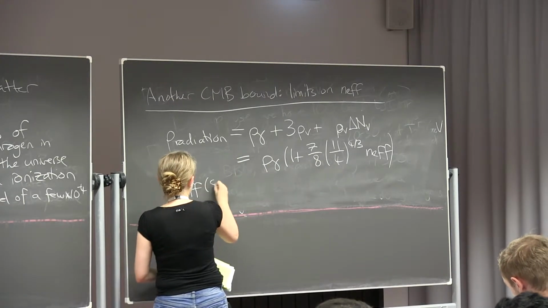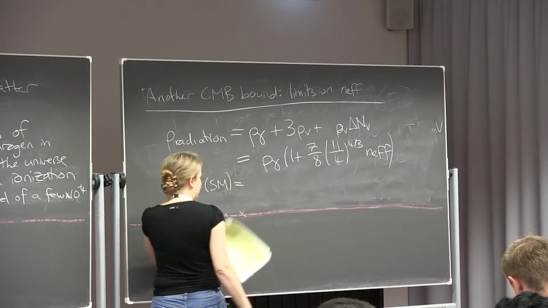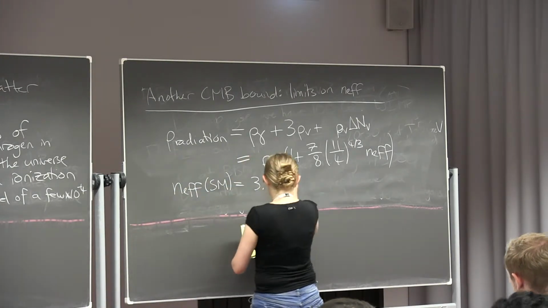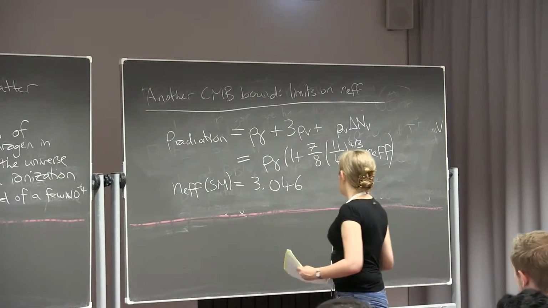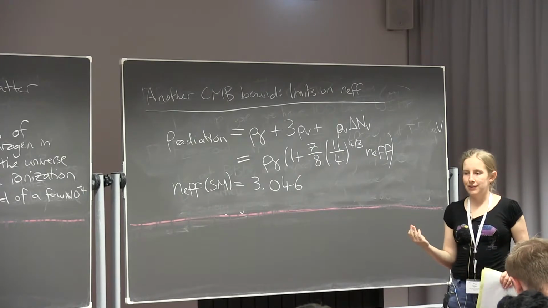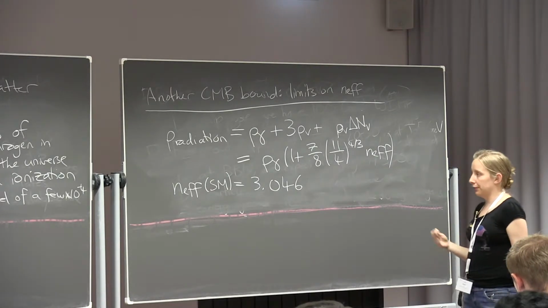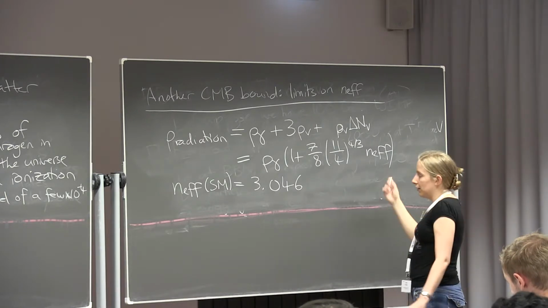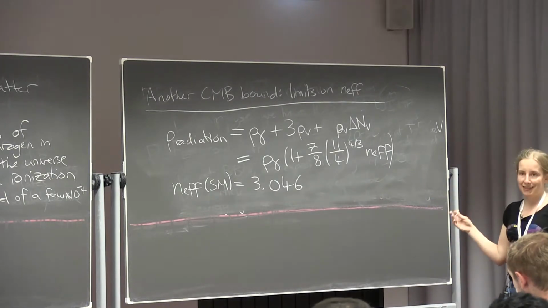N effective in the standard model: you might think, okay, in the standard model N effective is 3. It's actually slightly higher than 3 because some of the approximations I made are not completely right. Electrons and positrons are starting to become non-relativistic when the neutrinos decouple from the standard model. That decoupling isn't instantaneous.